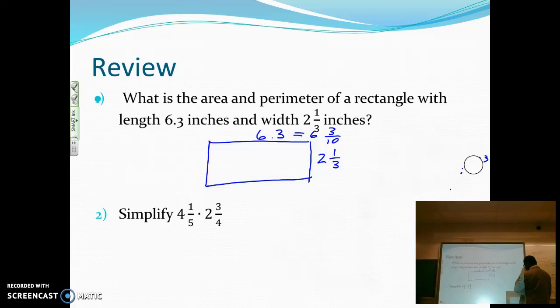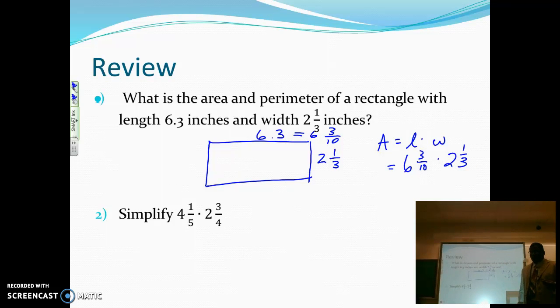The area is the length times the width, 6 3/10 times 2 1/3. In order to multiply mixed numbers, we must first change both of these mixed numbers into improper fractions.